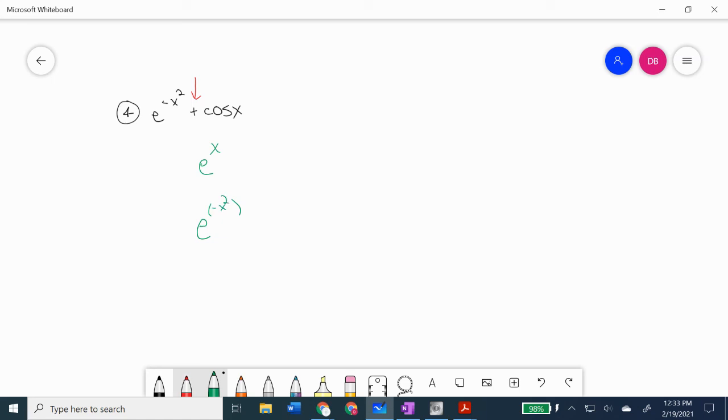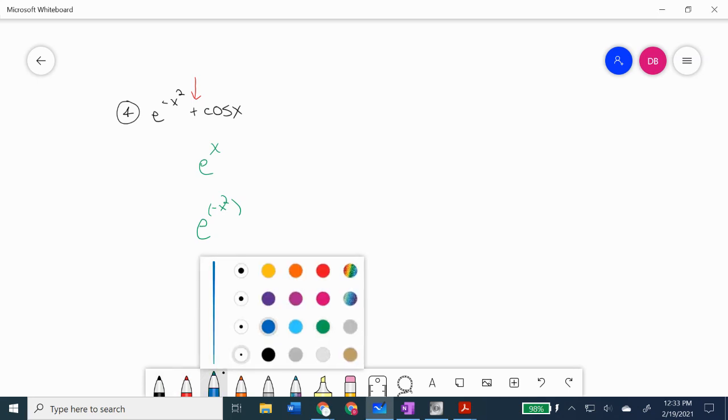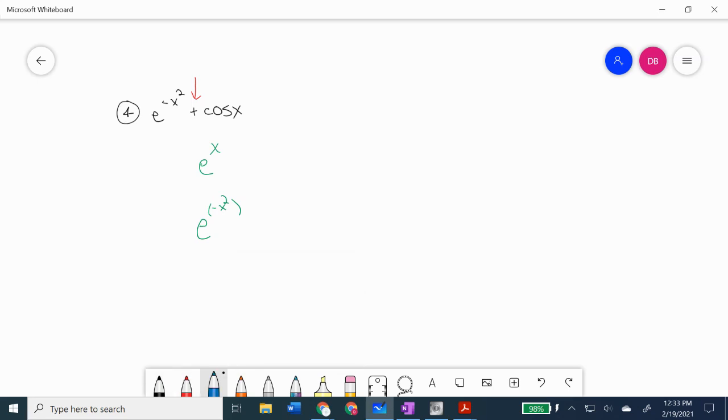And you guys can write less things than I am writing. I'm going to start with writing out several terms. e to the x starts with 1 plus x over 1 factorial plus x squared over 2 factorial plus x cubed over 3 factorial plus x to the 4th over 4 factorial, and so on.